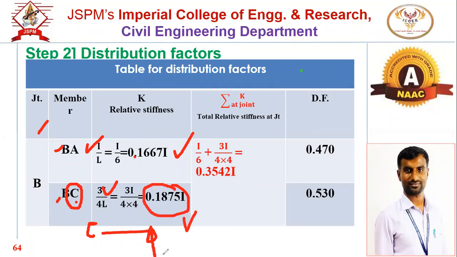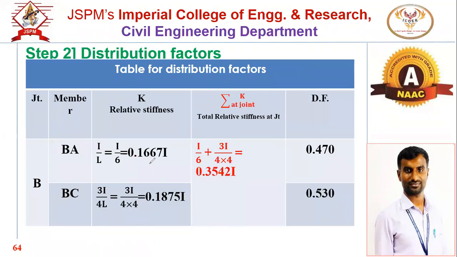that is 0.1875 I. Next, make the summation of relative stiffness at a joint. 0.1667 plus 0.1875, if you make the summation, will be 0.3542 I. Then for the distribution factor for BA, 0.1667 divided by 0.3542. So for BA, the distribution factor is 0.47.